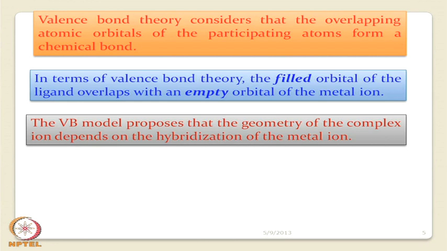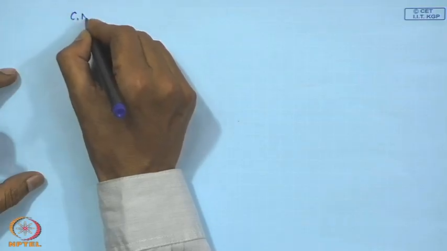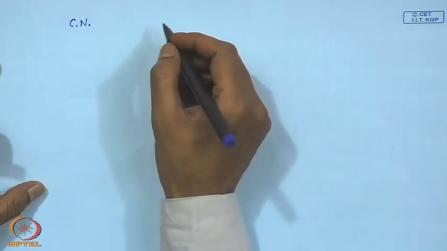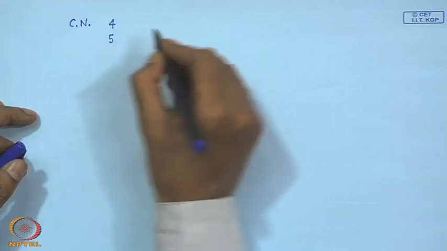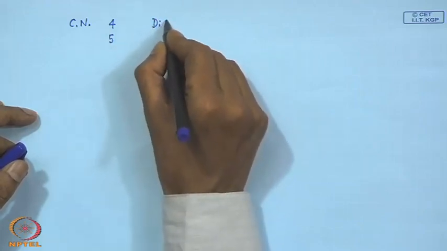In a 3-dimensional complex, many geometries are possible, which is not so in the case of organic chemistry centered on carbon. Because in organic chemistry the carbon center can have only the tetrahedral geometry, but in case of metal complexes, we have seen earlier that depending upon the coordination number, say 4 or 5, we can have different geometries.